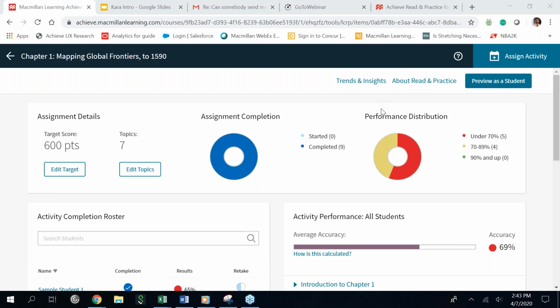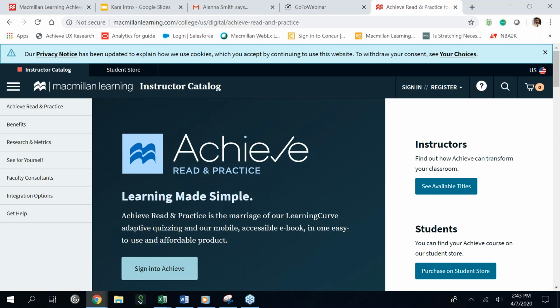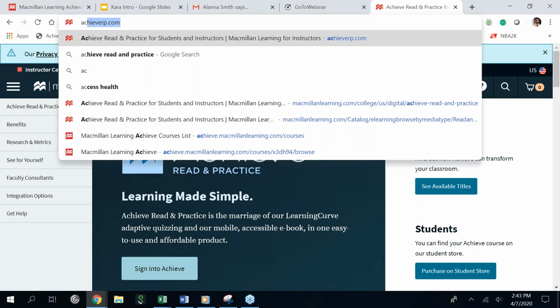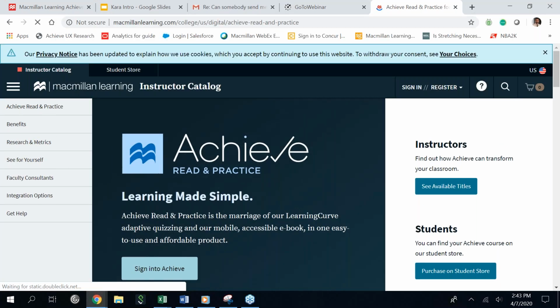Speaking of which, we do appear to have one more question, and it is about how you find out if your title has it. If you go to achieverp.com, now, this doesn't say that up here, but I assure you that if I go to achieverp.com, it redirects to that more complicated URL. You can go to the page where you can find available titles right here, so you can see if this is available for your book or for a book that you would consider adopting.